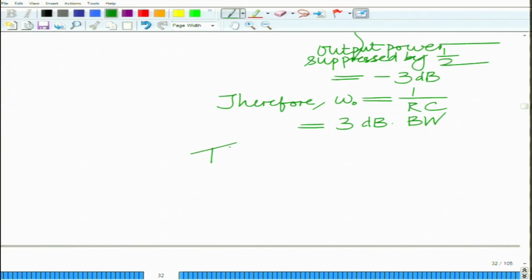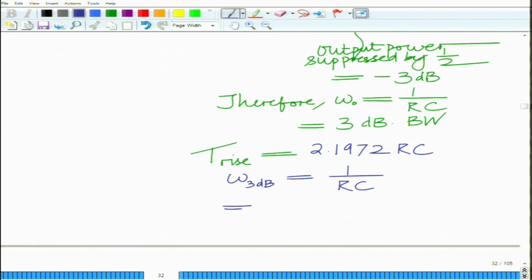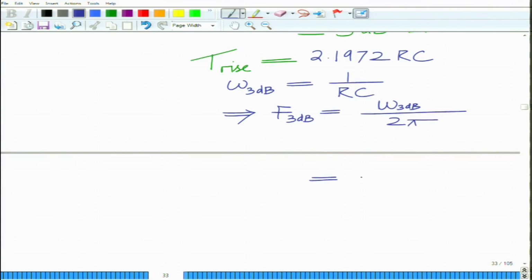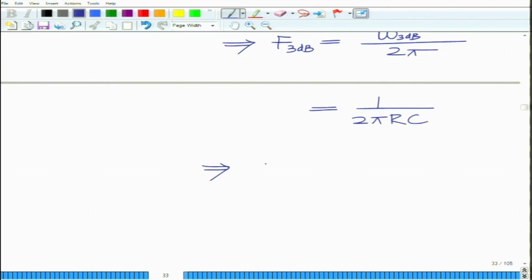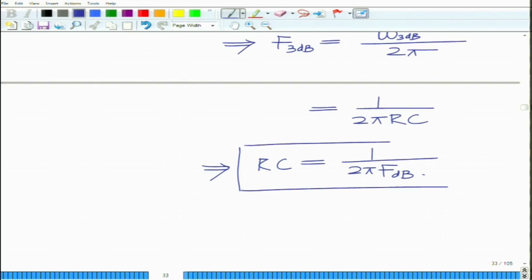So, remember, the rise time equals, we have just seen, 2.1972 times RC, and for the 3 dB bandwidth, omega 3 dB equals 1 over RC, which implies the 3 dB frequency equals omega 3 dB by 2 pi, which is equal to 1 over 2 pi RC, which implies RC equals 1 over 2 pi times the 3 dB frequency.